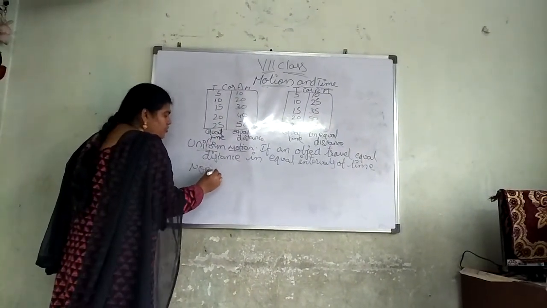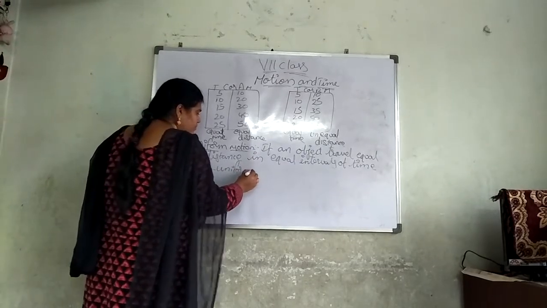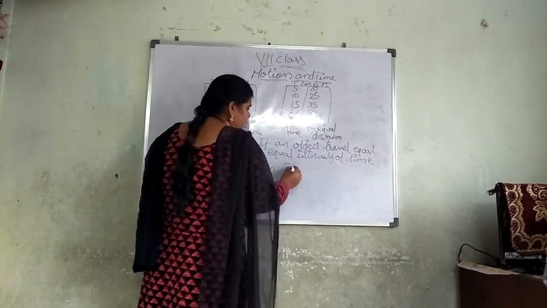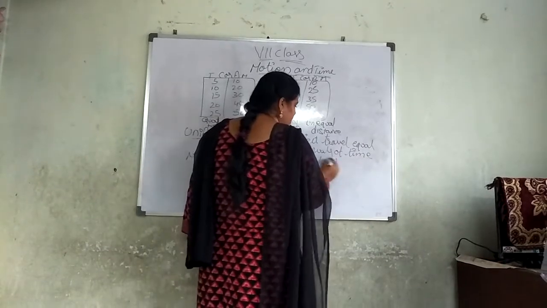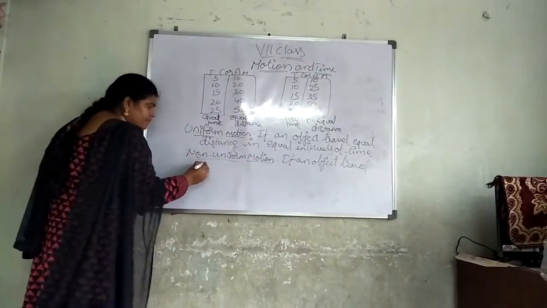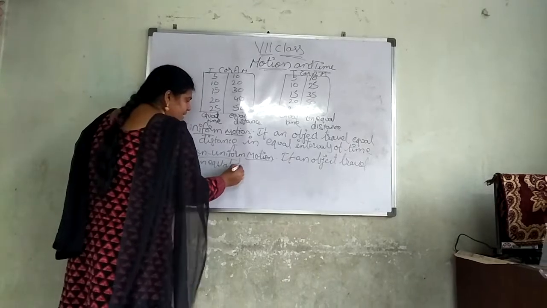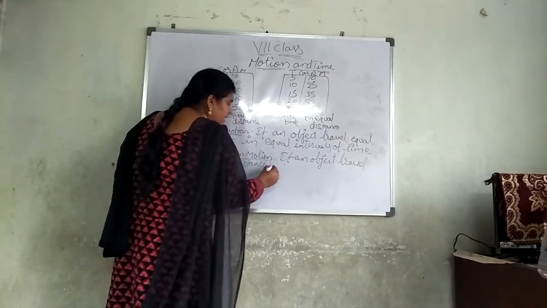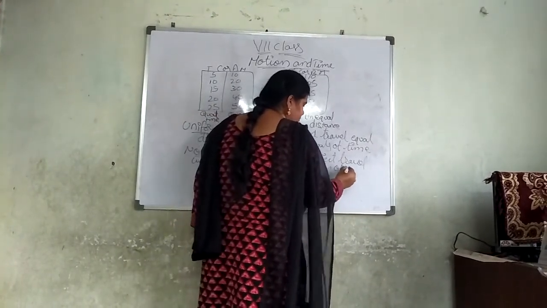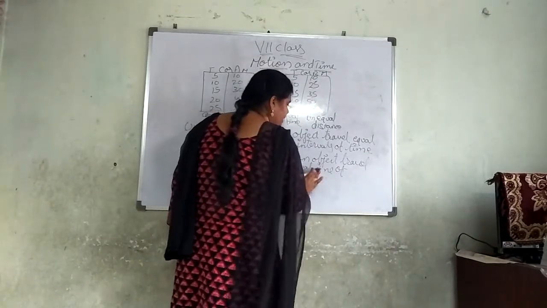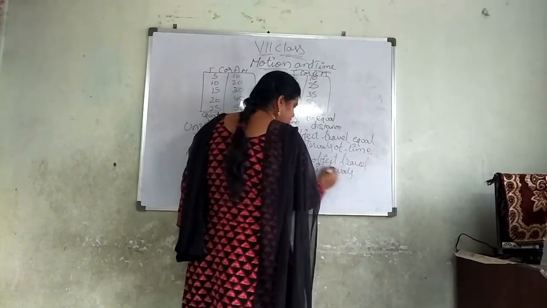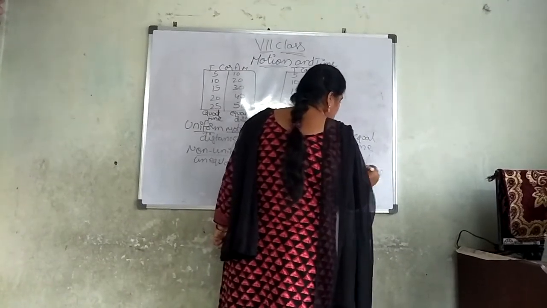Next one is non-uniform motion. If an object travels unequal distance in equal intervals of time, it is called non-uniform motion.